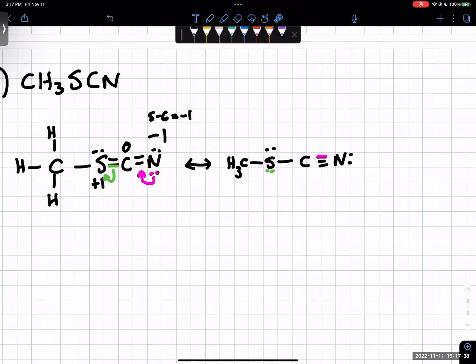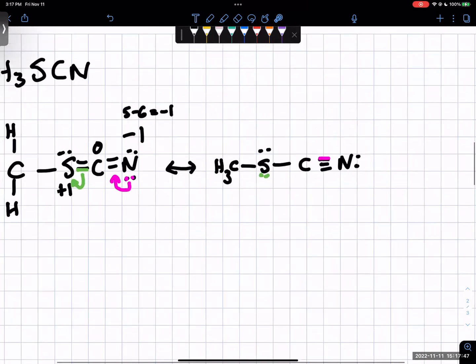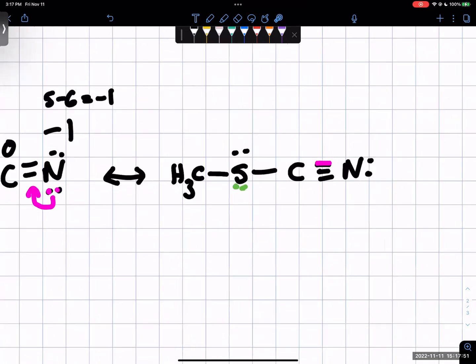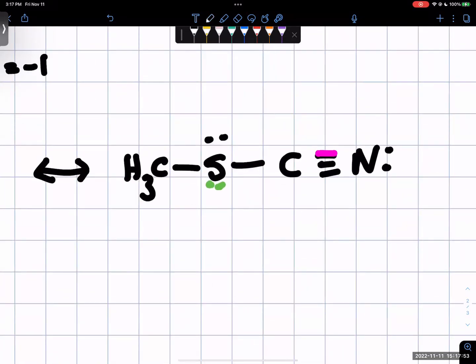All right, what's the hybridization on this carbon atom? Yeah, so I don't think y'all talked about hybridization yet. But this carbon would be called sp hybridized. Don't worry about it yet.